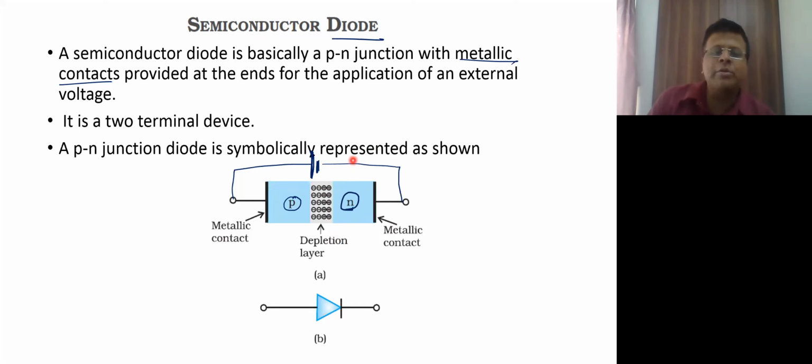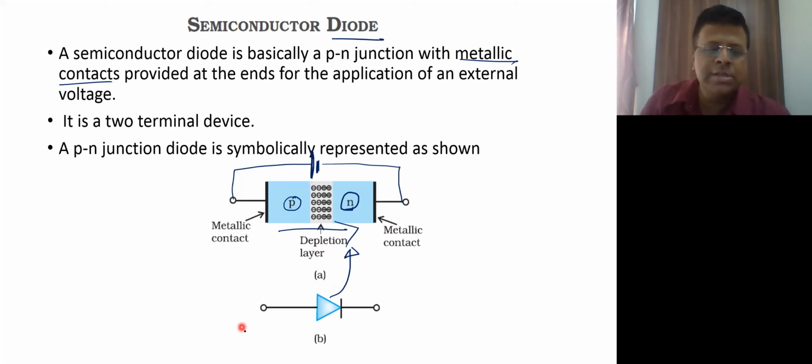And we will see that when you connect things in this way, the direction of current will be from left to right. And this arrow mark precisely talks about this only: the direction of the current when the PN junction is forward biased. So this symbol is important to be remembered.